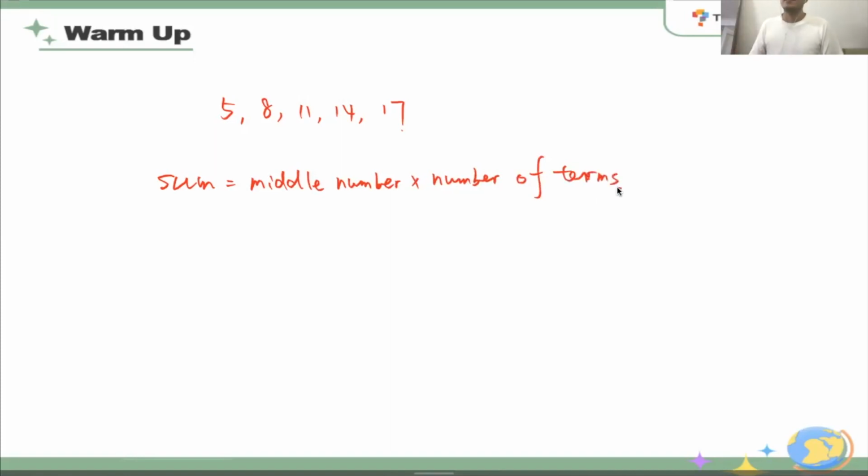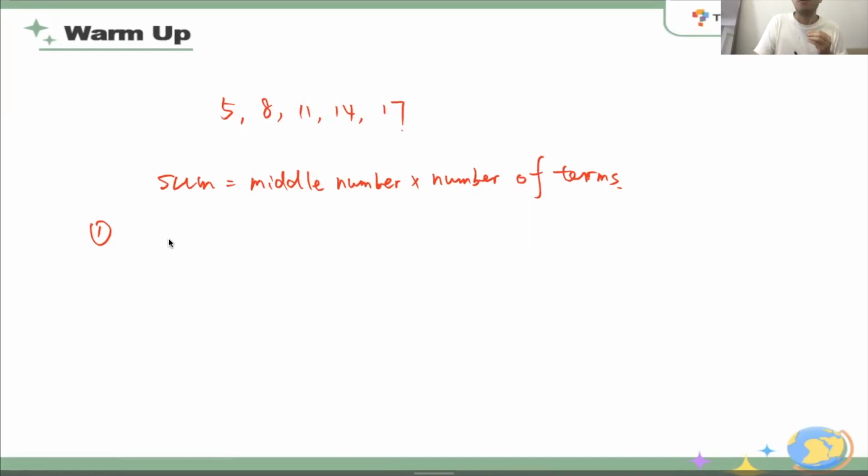Okay, maybe some of you will ask me why we can use this method. We need to know the reason. First, we need to know where this formula comes from.